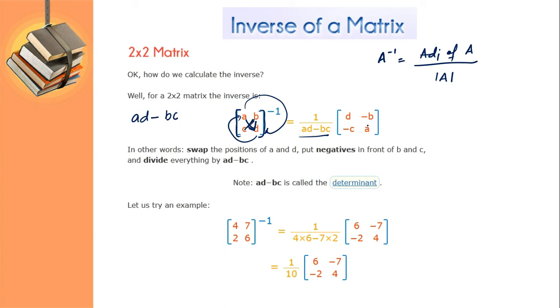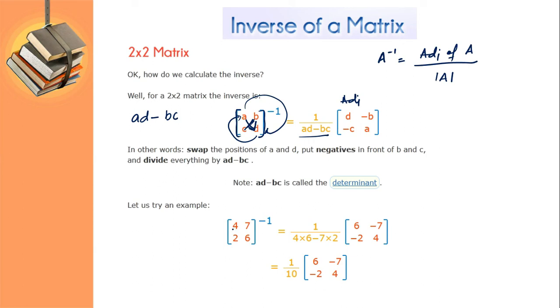If both are positive, then both will become negative. I am repeating: for the adjoint we change the places of the first diagonal and the sign of the second diagonal. So here we have this one as the adjoint, and here we have the determinant. Now we divide each value by this determinant, so we will get the inverse.